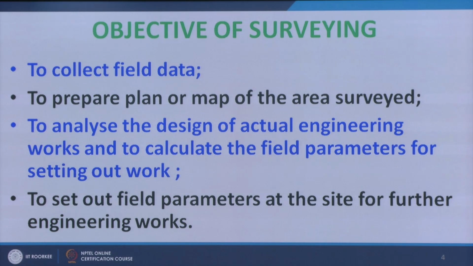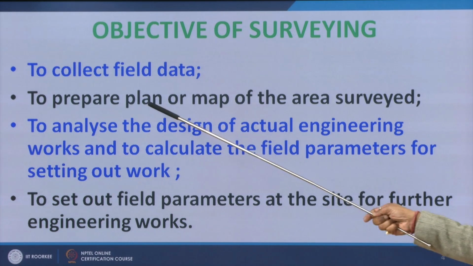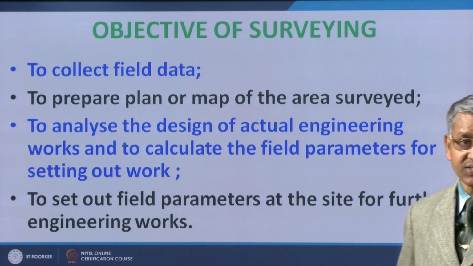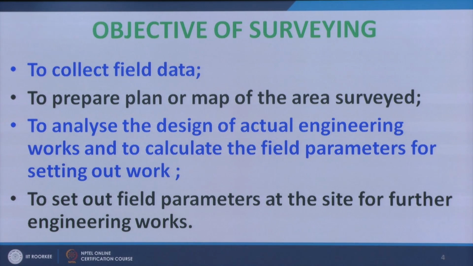Once we collect the field data, that means the relative location of salient points and the directions also, then we will prepare a plan or map of the area. That plan or map is the representation of the actual land surface which is available as the surface of the earth.